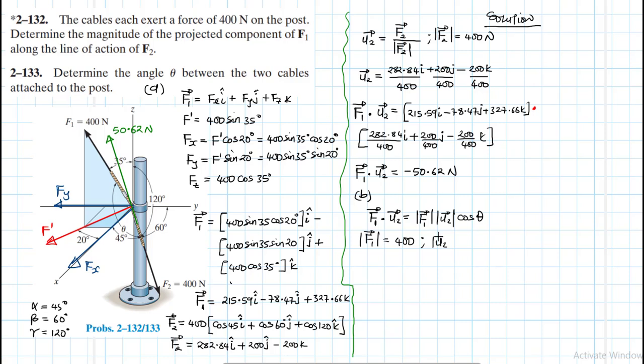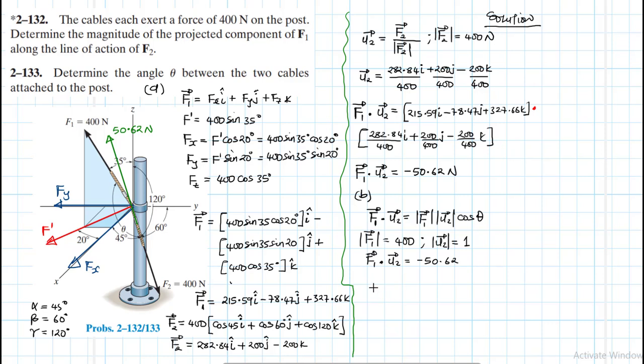And then we also know the unit vector. What is the magnitude of the unit vector? We've always known that the magnitude of the unit vector is 1. Great. So we have everything, and we also have this information: F1 vector dot unit vector 2 is equal to minus 50.62.